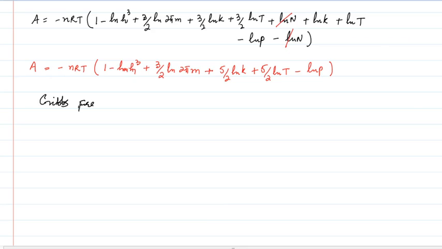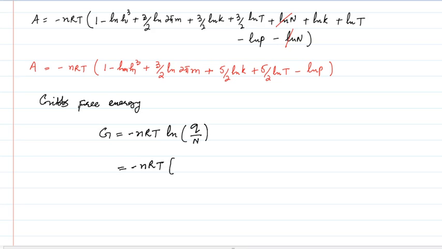You know, in terms of partition function, G is related by this expression, minus nRT ln of Q upon N. Okay, so we will simply introduce, we have already done this ln of Q upon N, so we will simply write the value here.